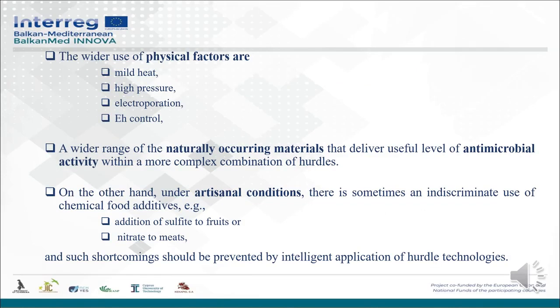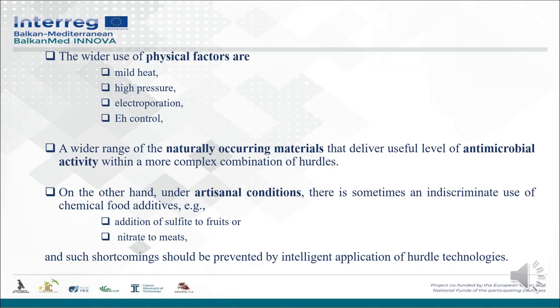The wider use of physical factors such as mild heat, high temperature, electroporation, pH control. A wider range of naturally occurring materials that deliver useful levels of antimicrobial activity within a more complex combination of hurdles.